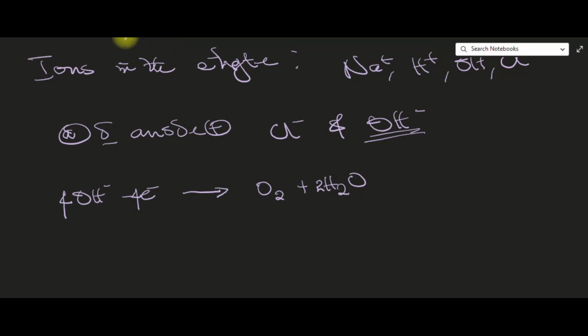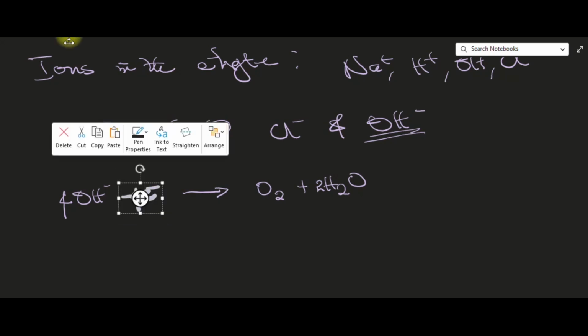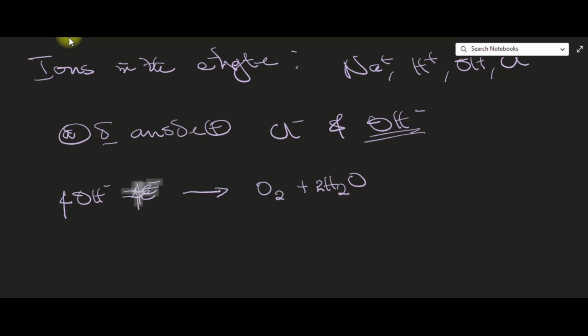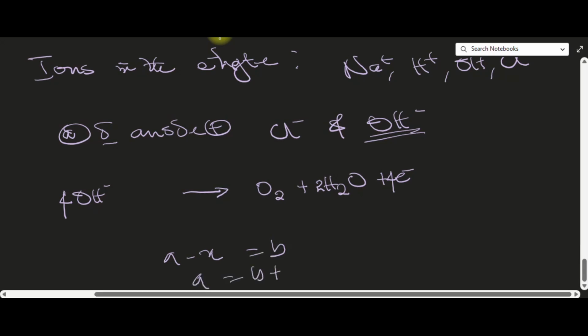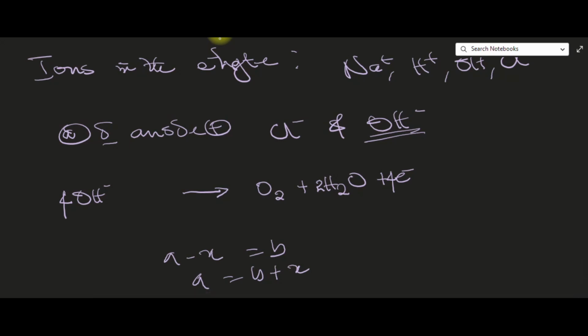This is the way I like to write it, to show that electron is lost. But the convention that examiners want is for the charge to be on the other side. Whenever oxidation happens at the electrode, the electron will be at the right side. So instead of minus electron, it becomes positive at this side, just like when you have A minus X equals B, A equals B plus X. The sign changes when it crosses the arrow: minus 4 electrons becomes plus 4 electrons.